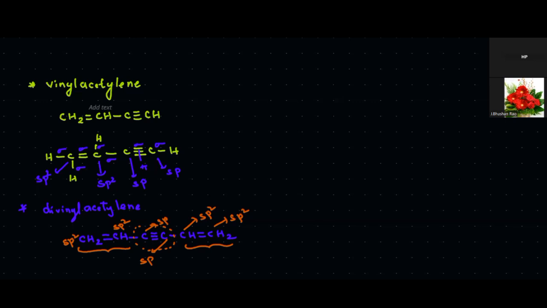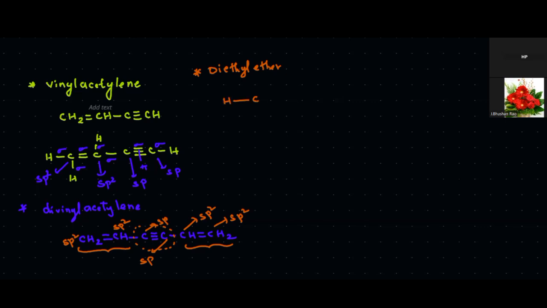The next example: suppose an ether is given, diethyl ether. Diethyl ether means number of carbons 2, like this.